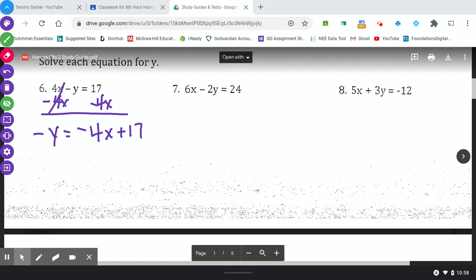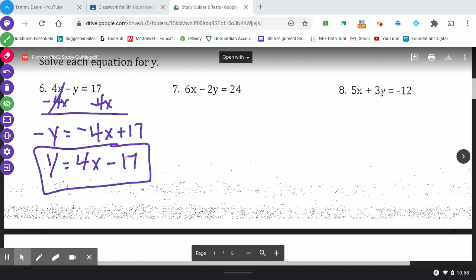So I'm going to change this -y to a +y, but then I have to change the sign of everything else in the equation. So that becomes +4x, and that becomes -17. So that's the equation. That's all they're wanting there, is for you to get it into that y equals mx plus b form.